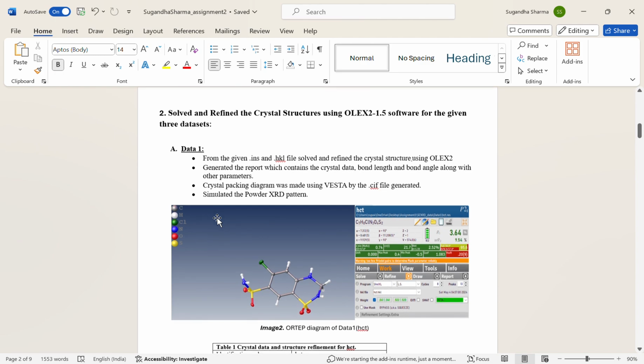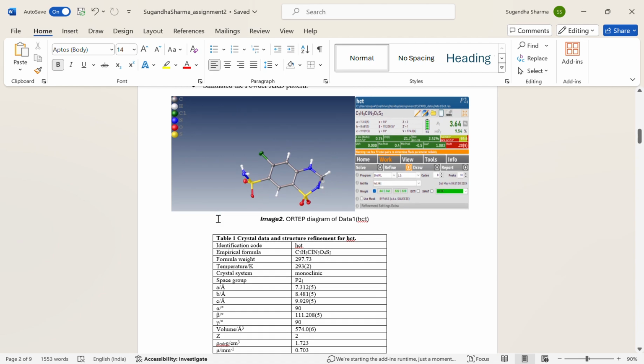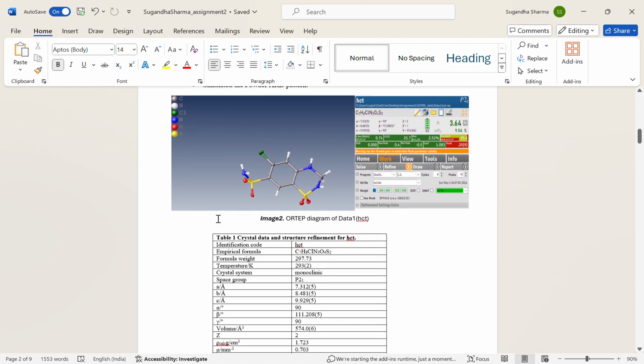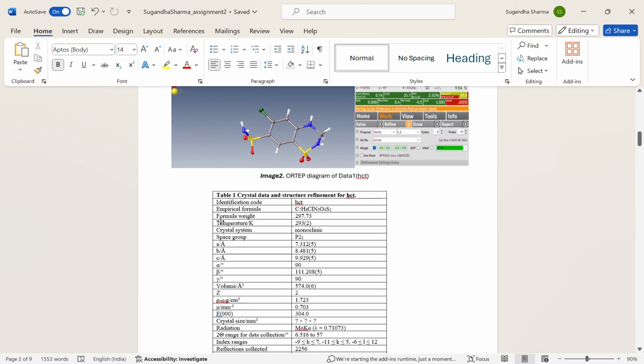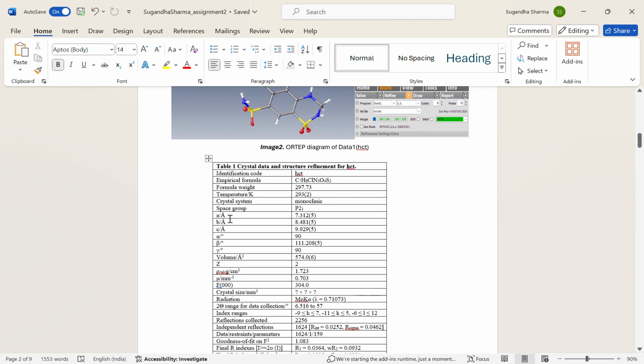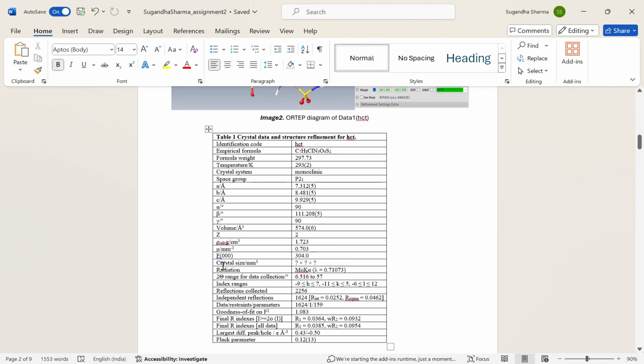From the data we generated from the INS and HKL file, we got this crystal data, which includes the space group of this molecule, the unit cell parameters of the molecule, the volume and all other parameters of this crystal.